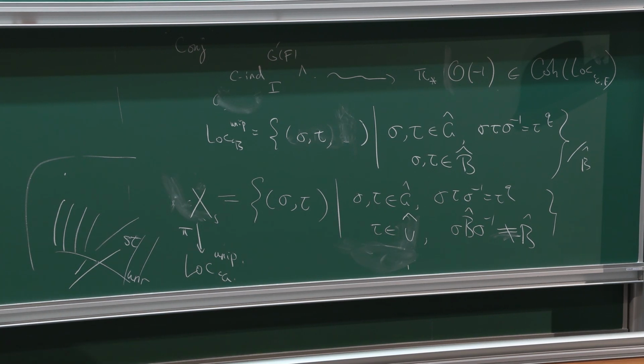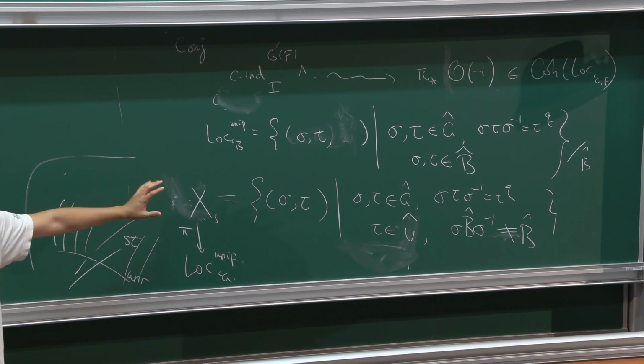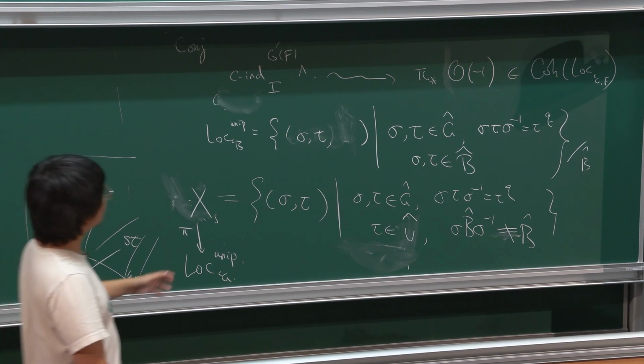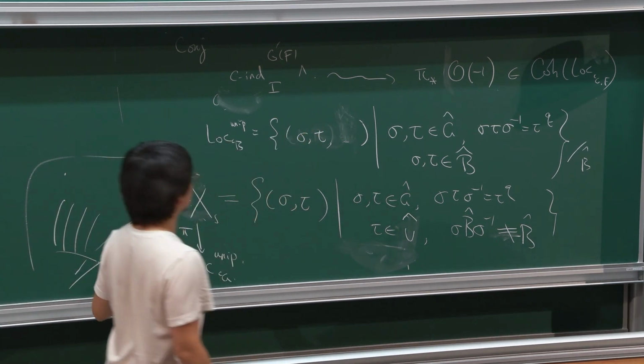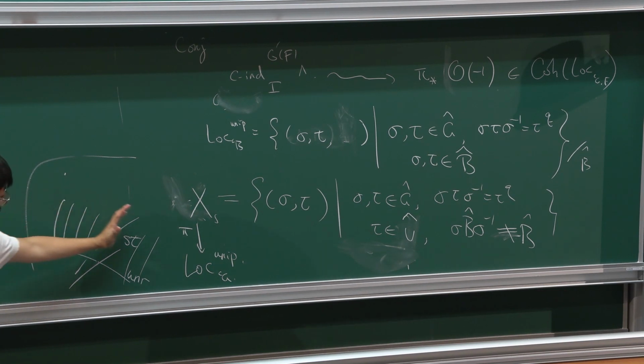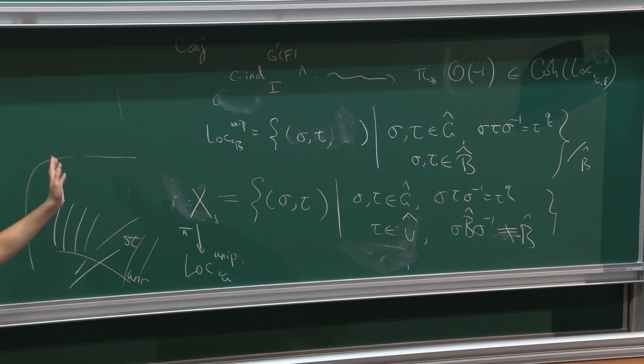The fiber is just 1. Okay, so this is kind of a complicated geometry, with really bad singularity, but it turns out there's a line bundle which restricts to all these P1 as the -1 curve, O(-1).